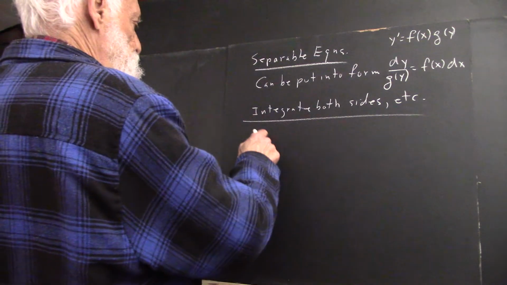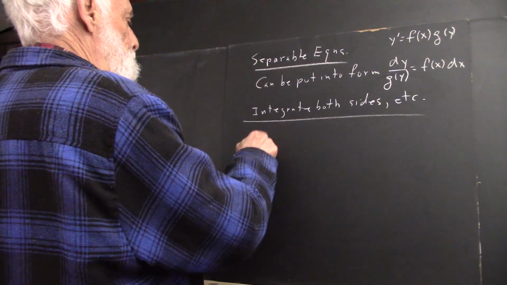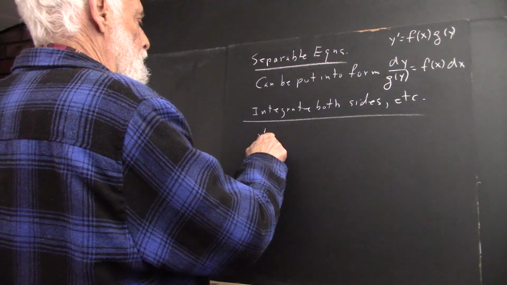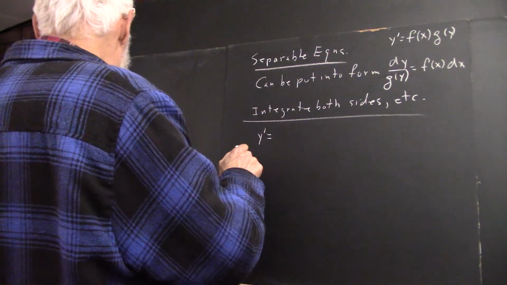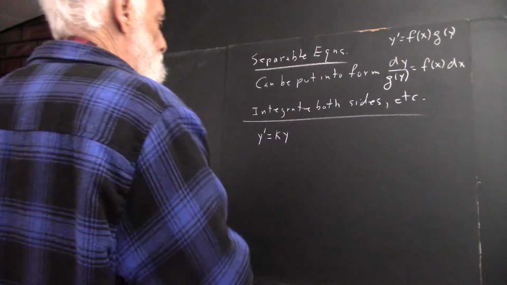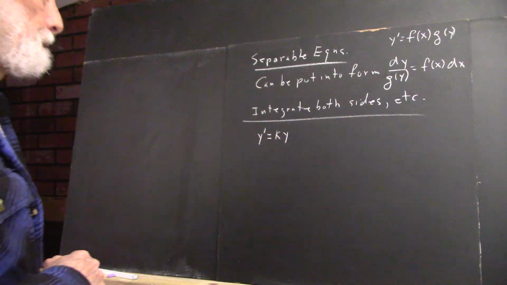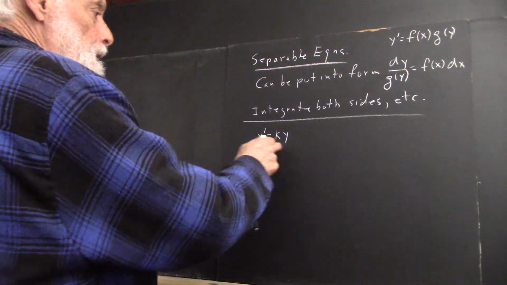So, one example is y prime equals ky. Okay, that's like your population model.